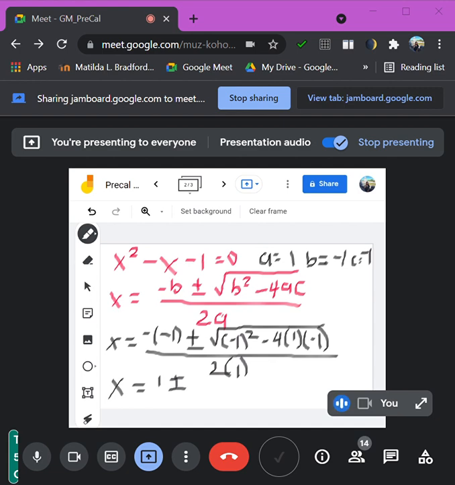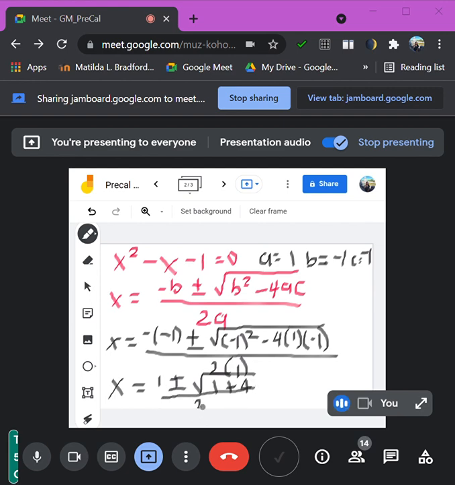Negative 4 times negative 1, that is positive 4. So that is square root of 1 plus 4. Right? Diba? Positive 1 plus 4. So, ang atong buhaton, over 2a, gyapon na siya, or over 2.